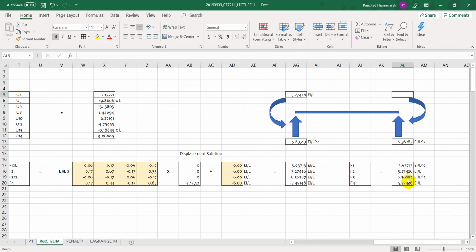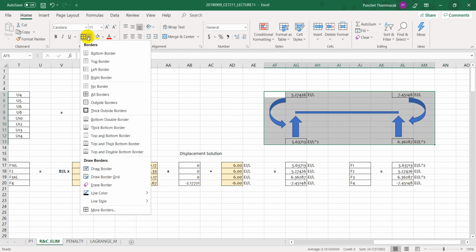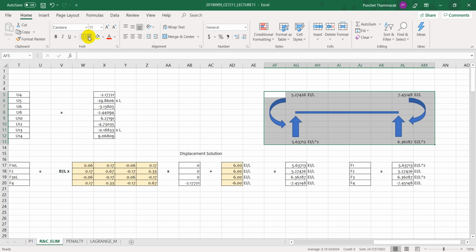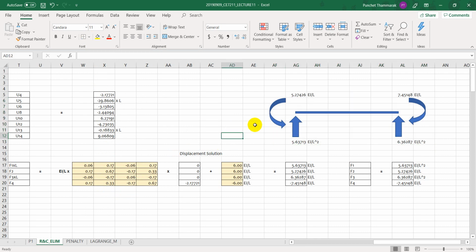I just addressed the direction of this moment already, so I will not keep the negative sign there. Okay, so here's what we come up with for member number 1.